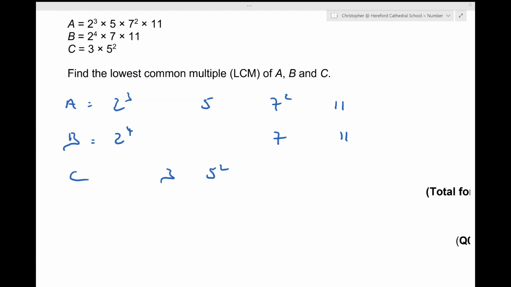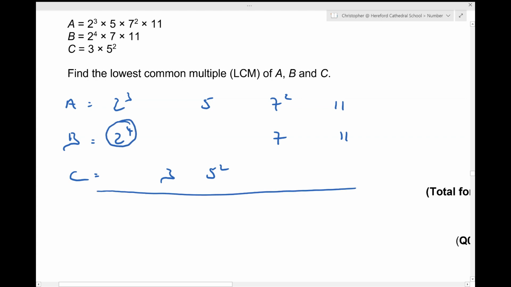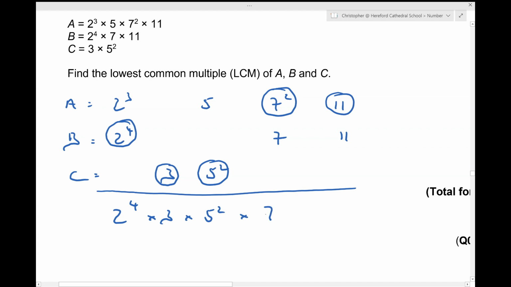Now I'm going to build up my lowest common multiple by taking the highest power of each factor. So I'm going to have 2 to the 4 here, a 3 here, 5 to the 2, 7 to the 2, and an 11. So my lowest common multiple is 2 to the 4 times 3 times 5 squared times 7 squared times 11. And if I put that in my calculator, I get the answer 646,800.